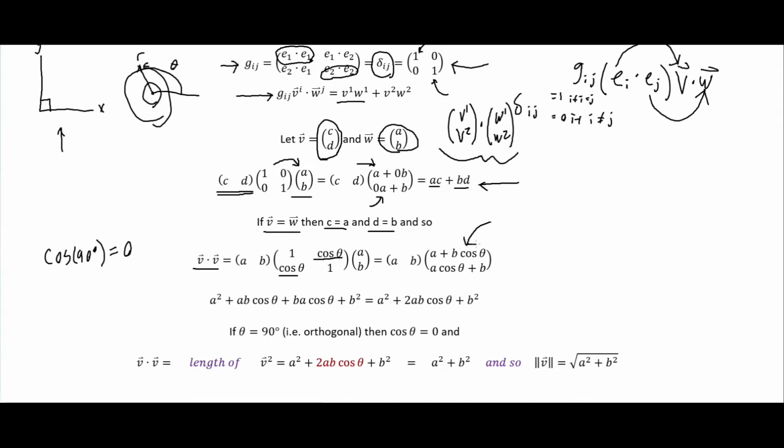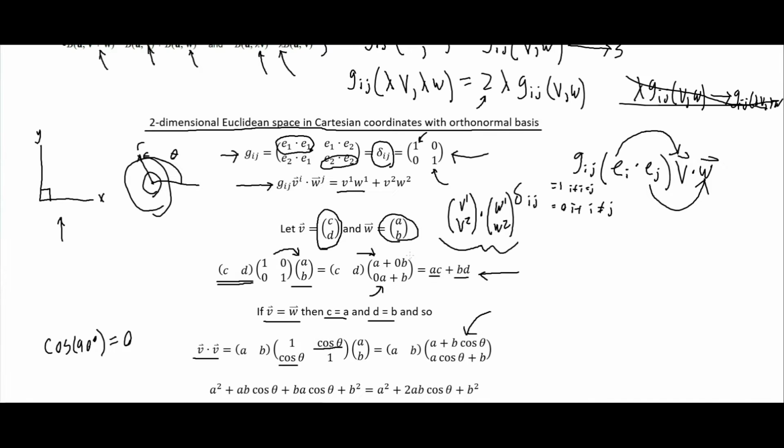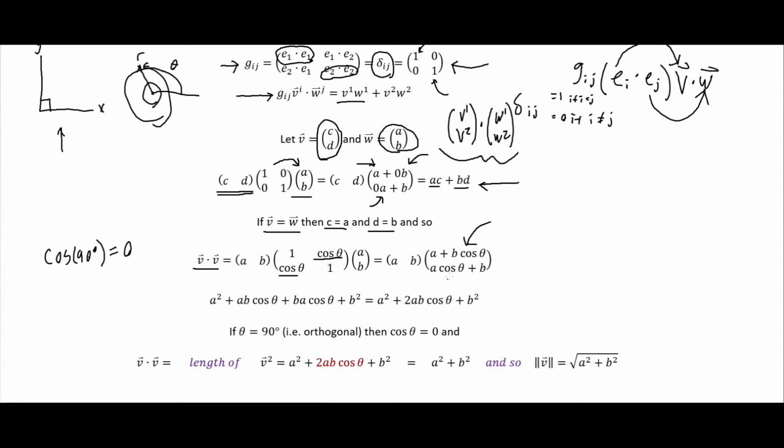So we will have our A plus B cosine theta, which up here, if theta is 90, just makes it 0. But here I put it more explicitly with the cosine. So it'll be A times the top entry here, and then B times this bottom entry here.